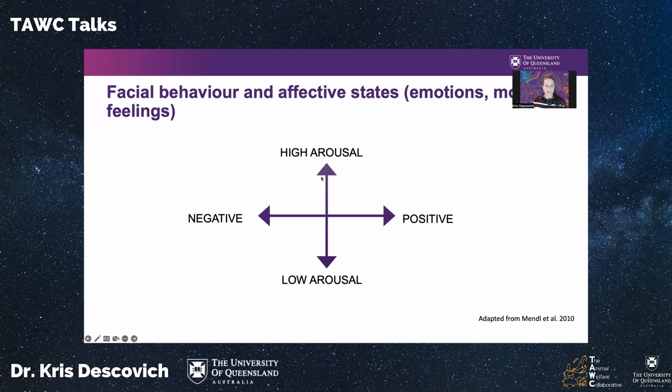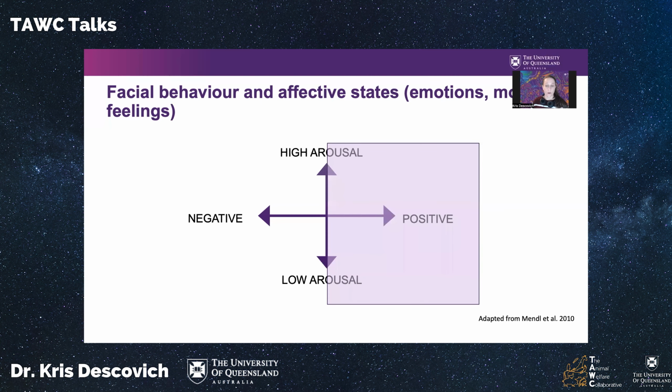And the other axis, the vertical one here, goes from high arousal to low arousal. So when the animals are in a high arousal state, it means they're very intense, and a high arousal positive state could be something like excitement, while a low arousal positive state could be something like contentment. So you can see how an emotion could be placed anywhere within one of these 4 quadrants.